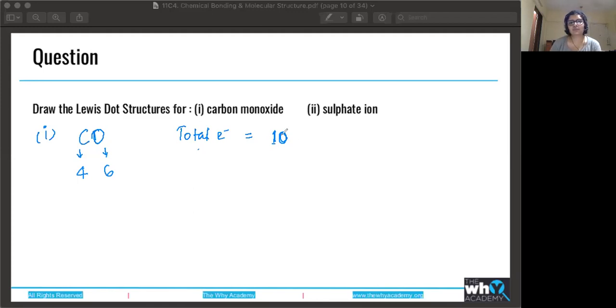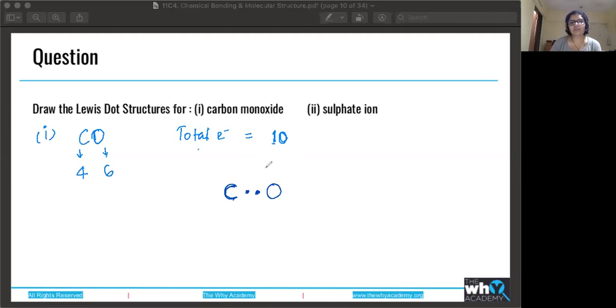All right. So now these 10 electrons we have to distribute between carbon and oxygen such that both of them have an octet, 8 electrons each. I'll put down carbon and oxygen. Between the two, if it's a molecule, minimum 1 bond has to be there. So I'll put 2 electrons shared between both. Out of 10, 2 electrons I've assigned, so the remaining 8 are there.